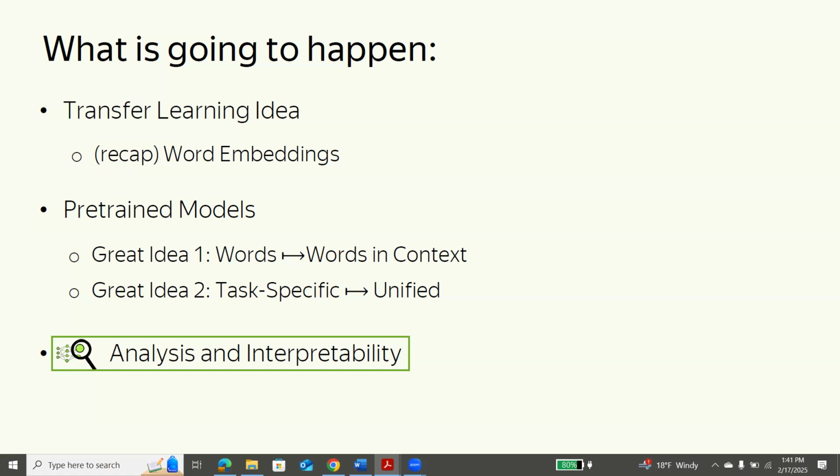So people started trying to understand actually why this model works, what it learns, and how we can make this model perform the desired task.